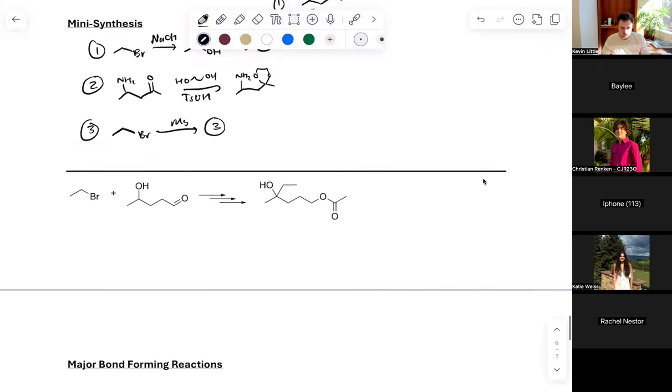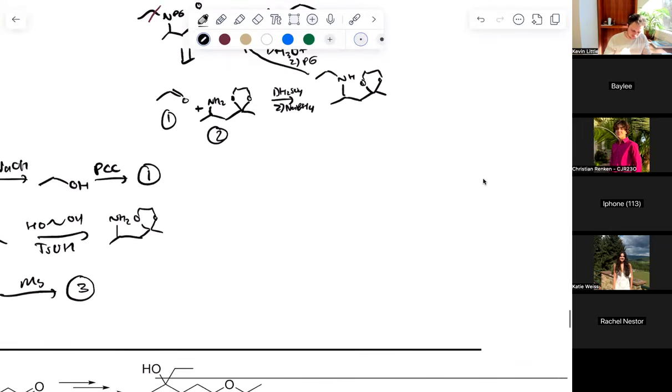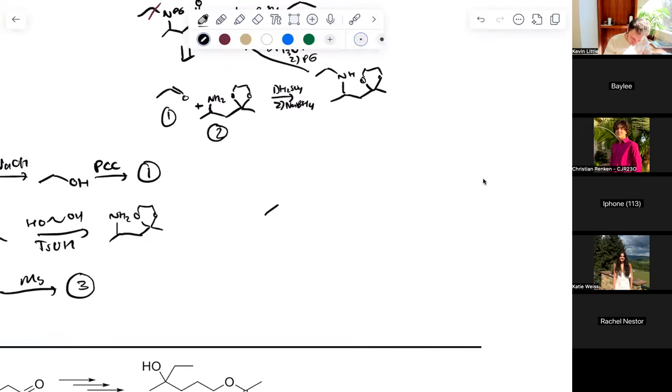Do you mind quickly explaining how the amine adds into the aldehyde with the H2SO4 and the NaBH4? Why don't you give it a try and tell me what happens?